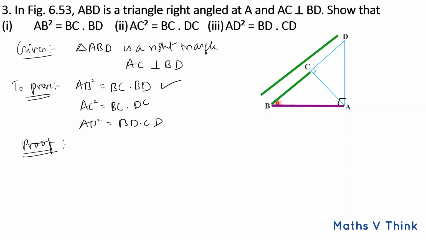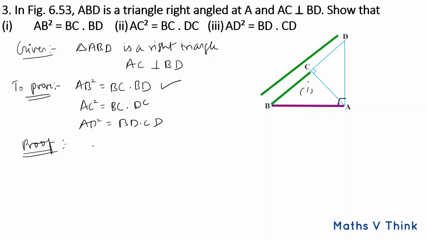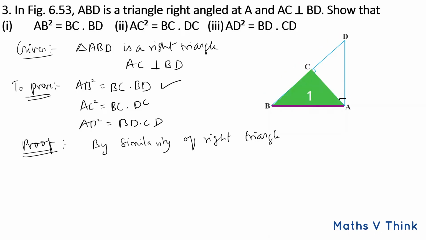Means I need to prove this triangle is similar to the whole triangle. So by similarity of right triangle, I need to prove this triangle 1 is similar to the whole triangle. So first write the whole triangle ABD.